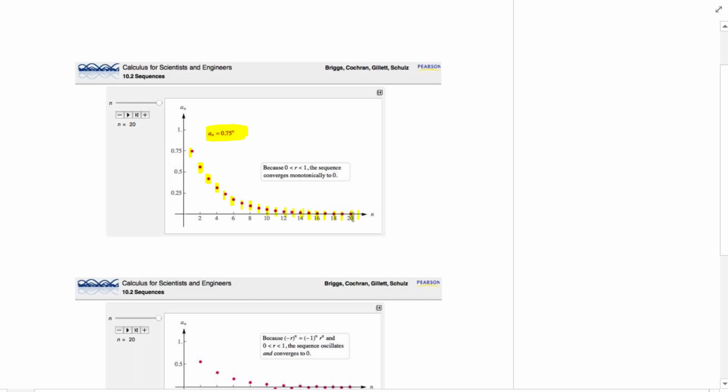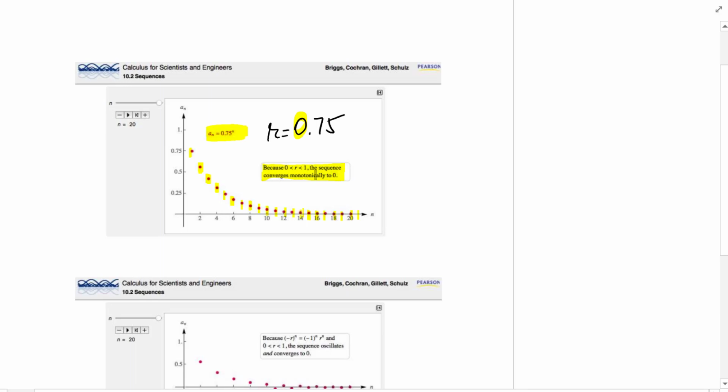One thing that you want to record somewhere: r is between 0 and 1, which means here 0.75 is our r that they are talking about. Because this number is between 0 and 1, the sequence converges monotonically to 0.